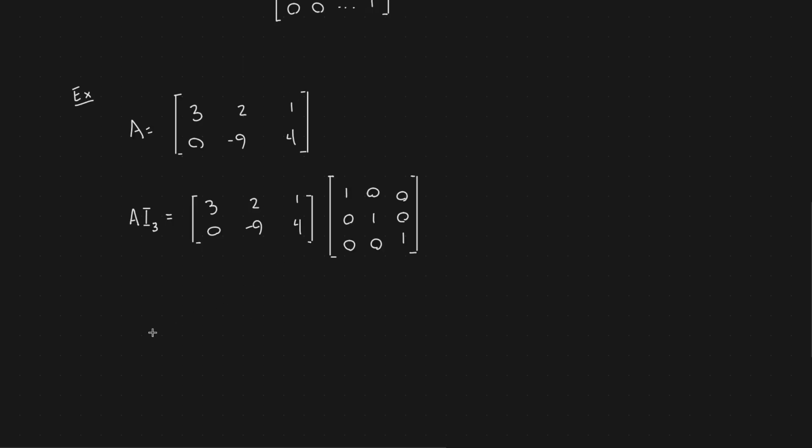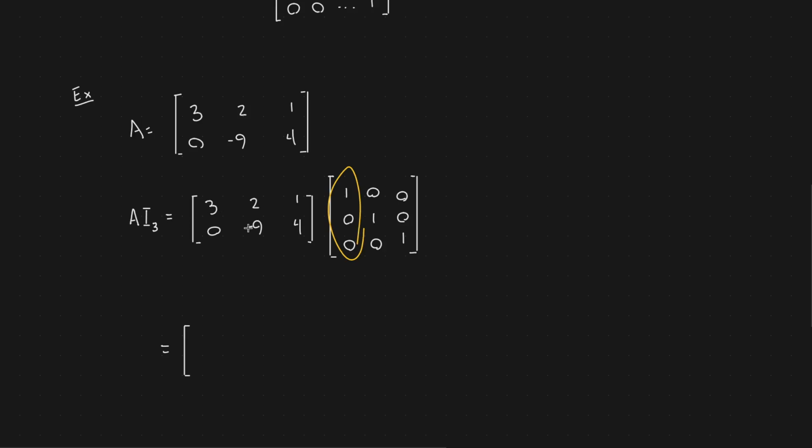So this better be an I3 identity matrix. Okay, so an I3 identity matrix, that's a 3 by 3 identity matrix, 3 rows, 3 columns, with 1s down the main diagonal, 0s everywhere else. And if I multiply these together, I'm going to get a 2 by 3 matrix when I'm done.